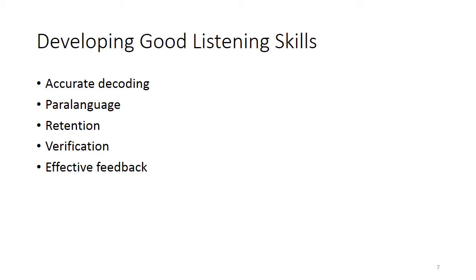So what does active decoding mean? Well, it means, first of all, listening very carefully, as I said before, to be able to understand what the communicator is trying to get across. It means observing as well. You might observe the person's facial expression. You might observe the person's body language.